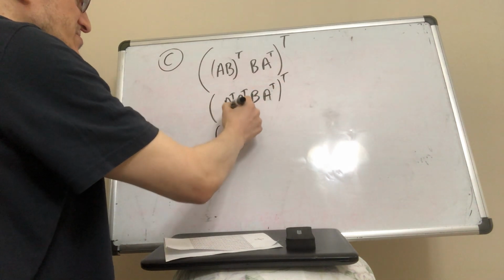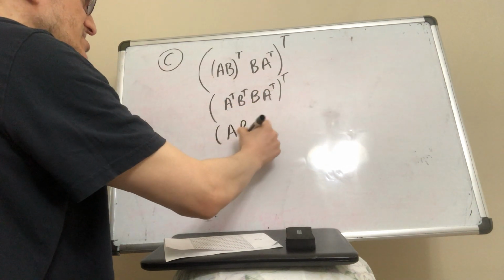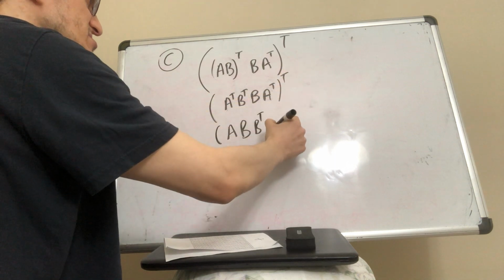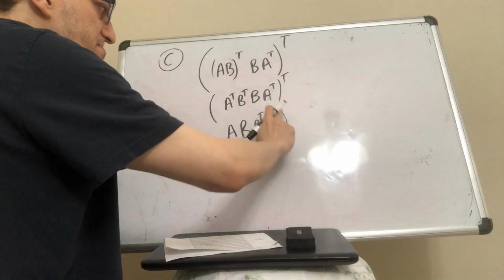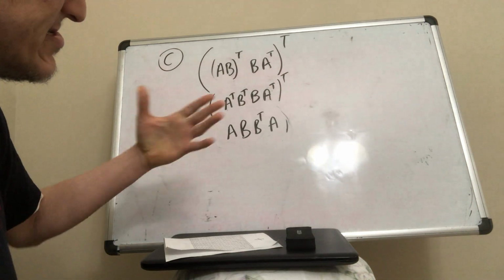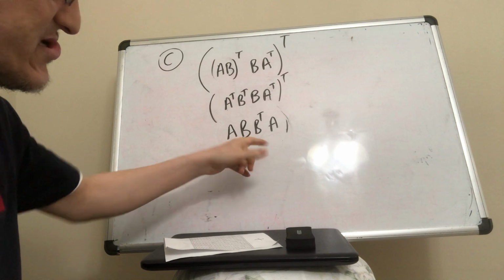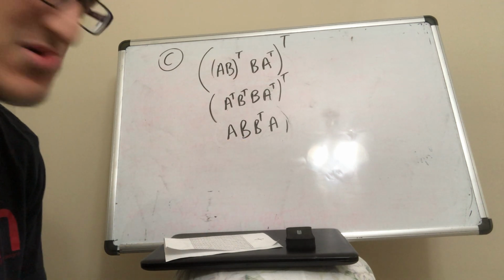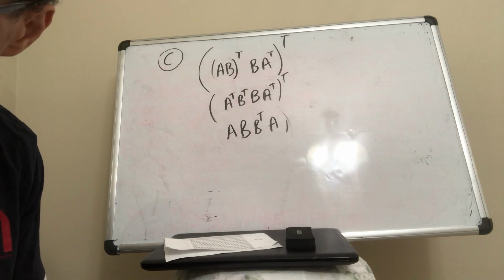And transpose, A transpose is A, B transpose is B, B transpose is B transpose, A transpose transpose is A, and there is nothing more you can do here. Like a matrix sum's transpose, you can't really do anything there, so you leave it as it is. This is the simplest form.